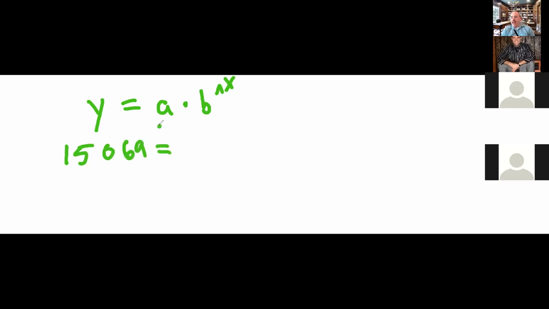Remember, A is the original price of the car, and they told me that's $36,000. What is B? B is the thing I don't know, the thing I would like to solve for. And in this case, I know that the truck is 10 years old, so instead of an X, I need a 10 there, because X in this case is time.